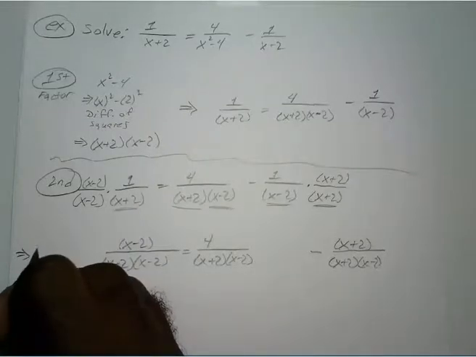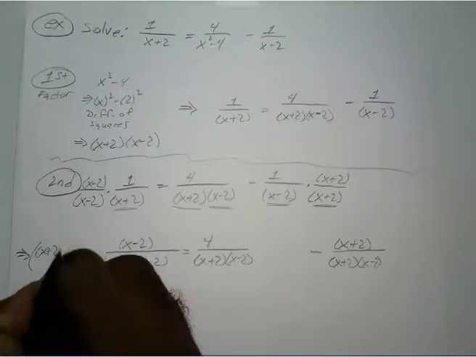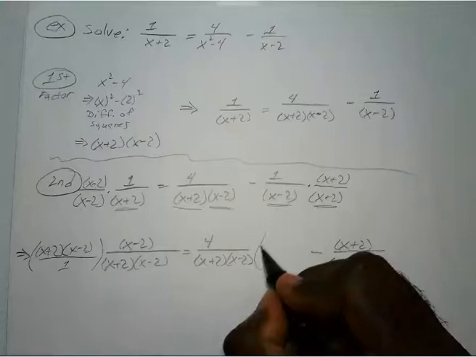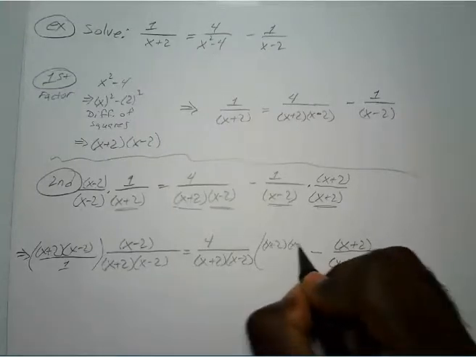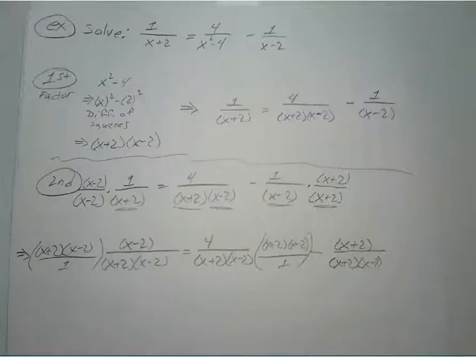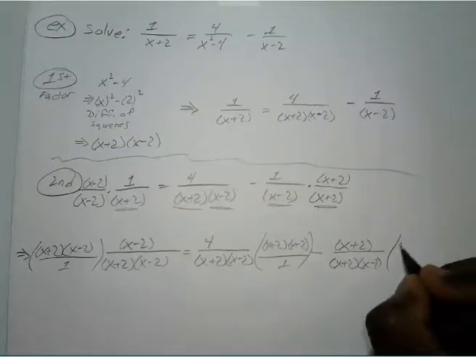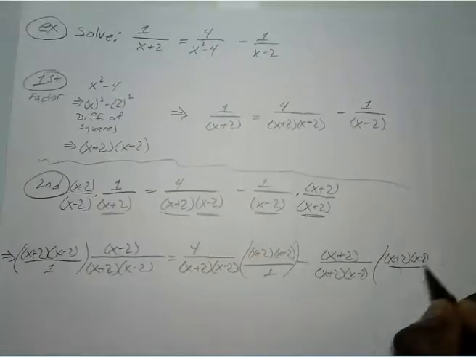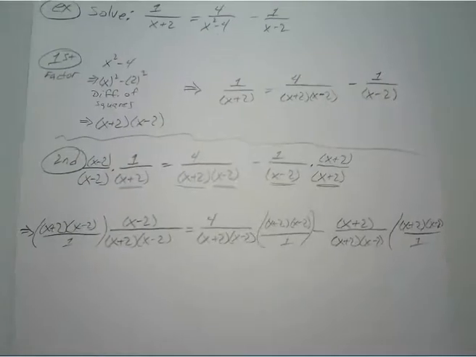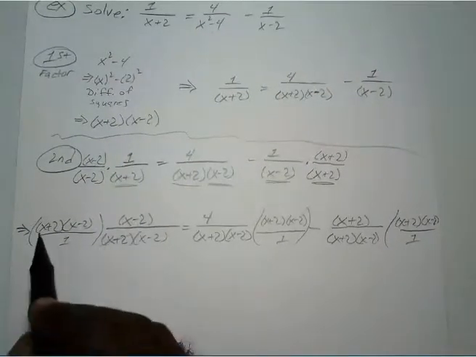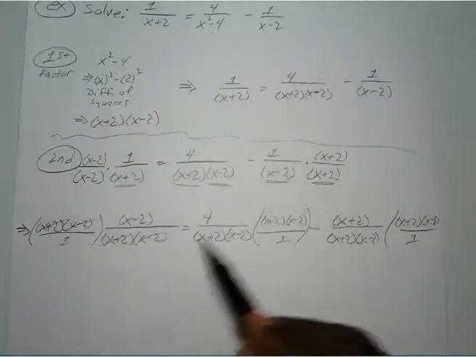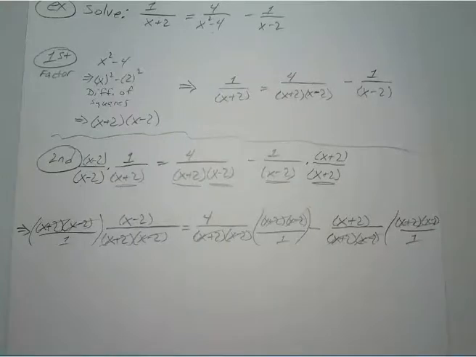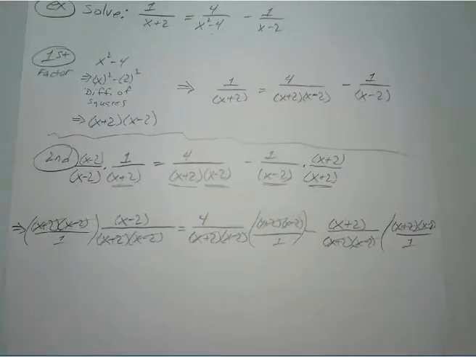If you multiply each term by x plus 2 times x minus 2 over 1, you'll see that the x plus 2 cancels out with that one. Same with the x minus 2, and the x plus 2, and the x minus 2. Those all cancel each other out. As long as you do the same thing to both sides of the equal sign, you're okay.